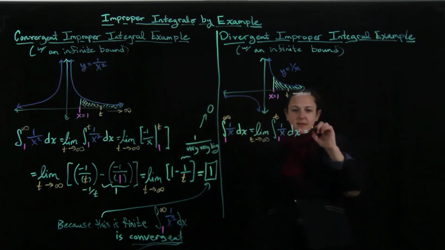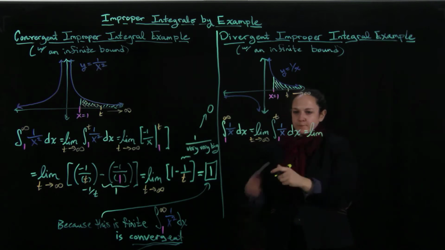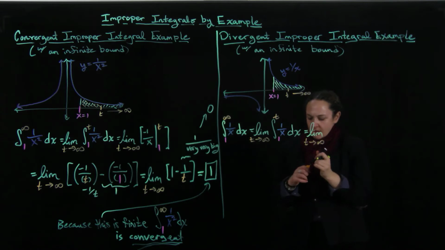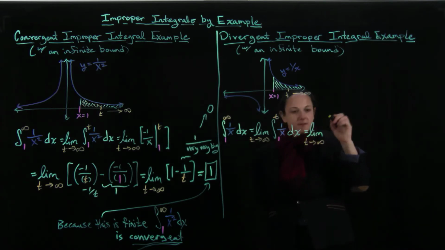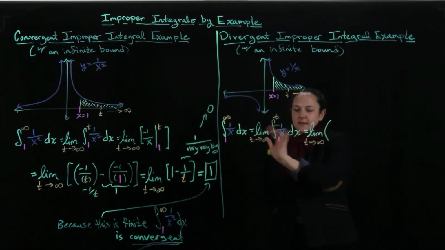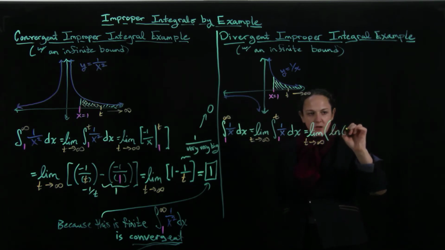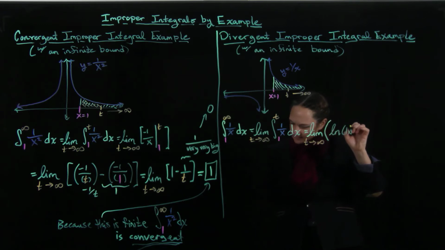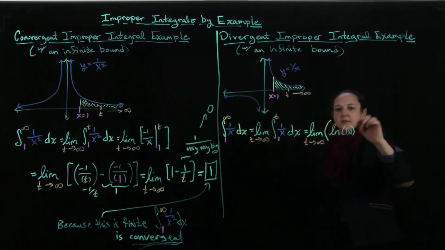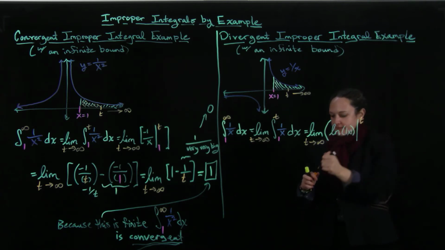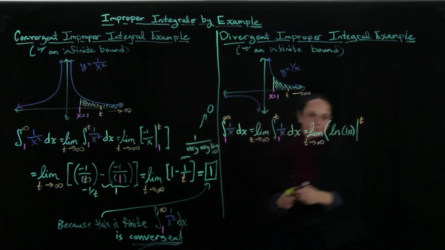So I'm going to get the limit as t goes to infinity of, and I need to integrate this inside some parentheses. Always good to use our parentheses. So this is going to be the natural log of the absolute value of x from 1 to t. T's on top, 1's on bottom.